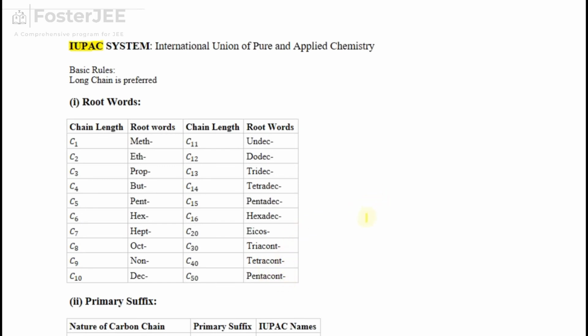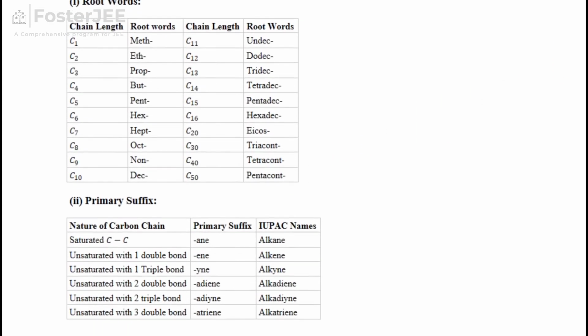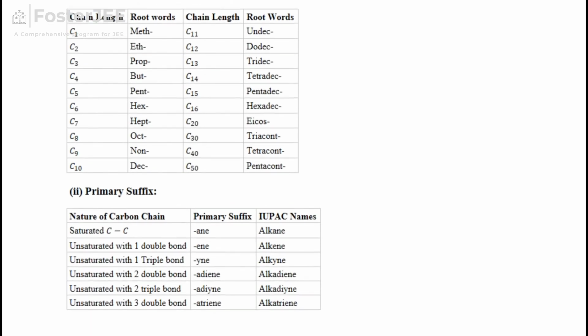Now comes the second part, that is the primary suffix. The primary suffix is added to the root word to show the saturation or the unsaturation in the carbon chain. Saturation means the carbon compound is single bonded, and unsaturated means the carbon compound is either double bonded or triple bonded.